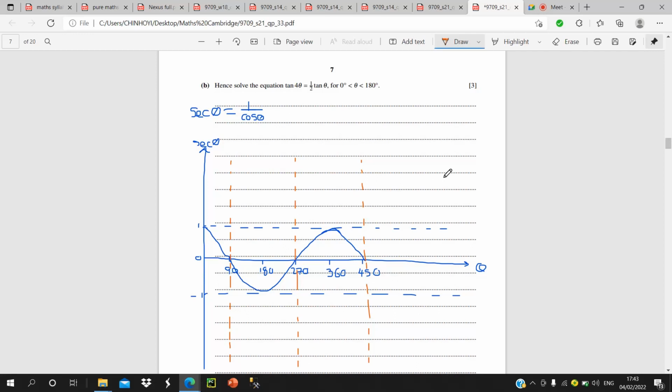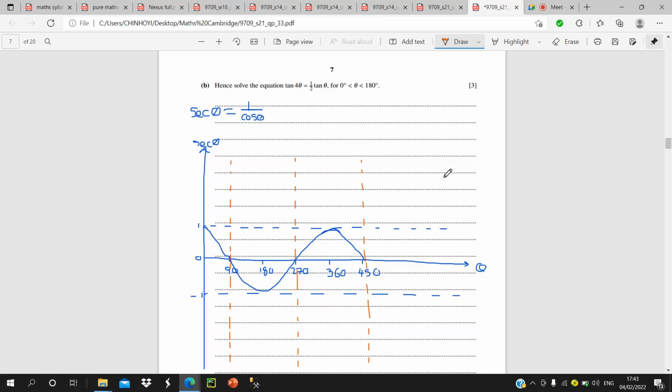Where the graph of cos cuts 0, the graph of sec won't exist there, because we don't have the value of sec when cos is 0.